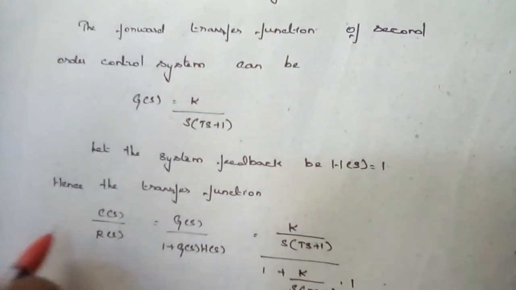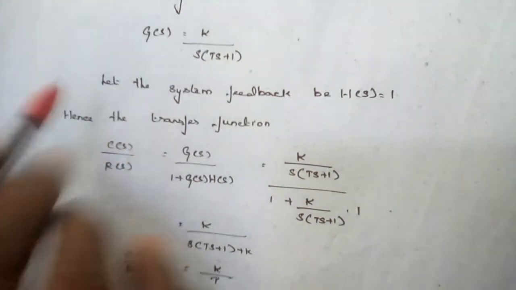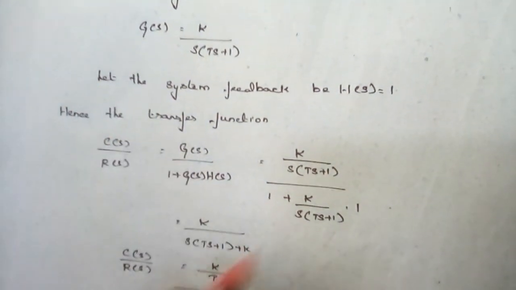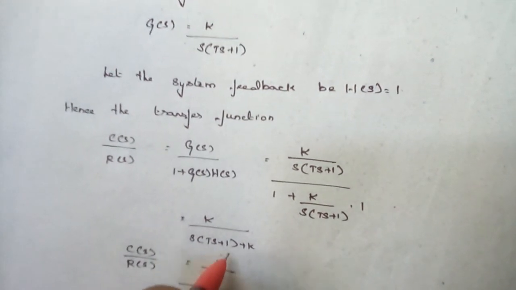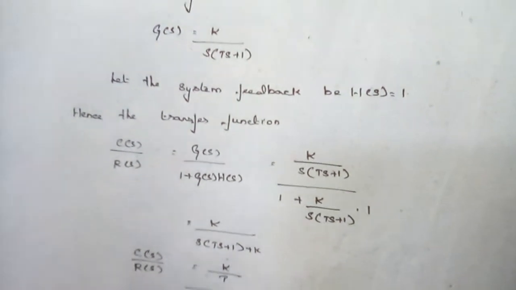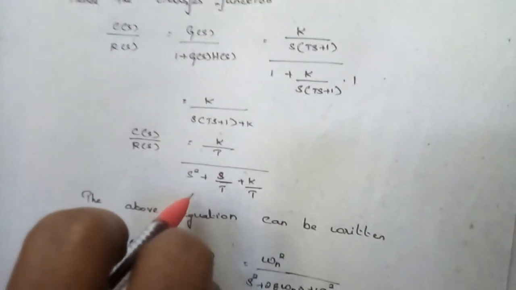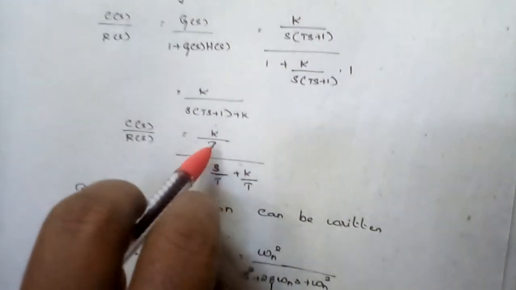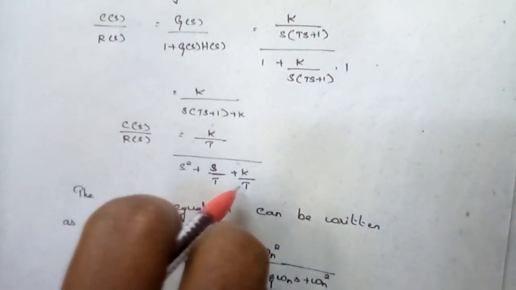And hence the transfer function for the second order system, for the provided g of s, is k divided by s into (ts plus 1) plus k. From this transfer function, by writing this as a quadratic equation, we have k by t divided by s square plus 1 by t s plus k by t.